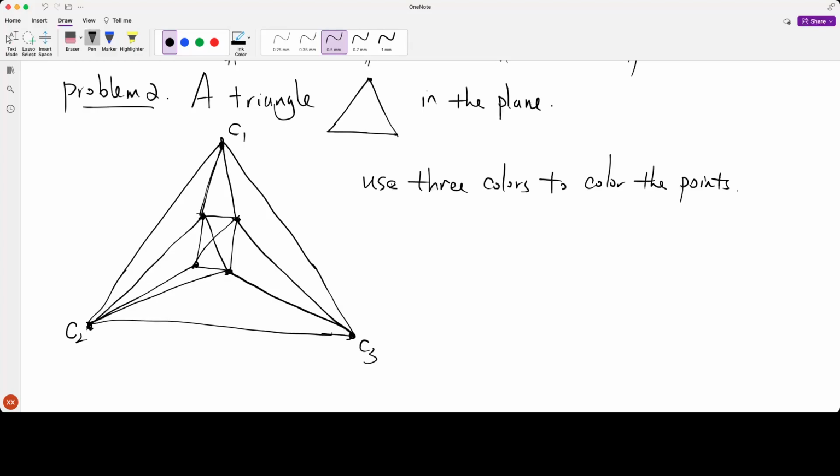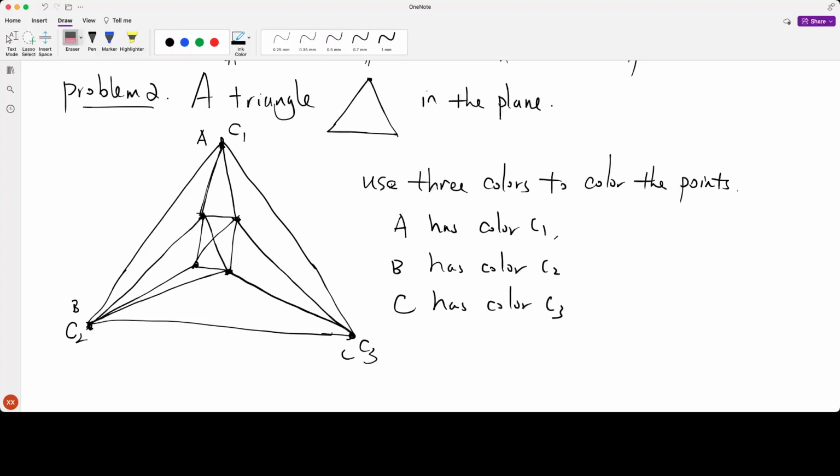So with the condition that, how to say this? So let's say here is a point A, B, and C. I put A has color C1, B has color C2, and C has color C3.